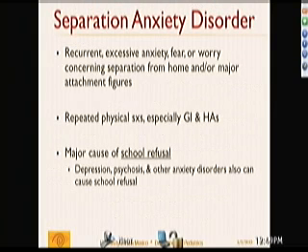Separation anxiety is a condition where one is having difficulty leaving home due to recurrent excessive anxiety, fear, or worry concerning separation from major attachment figures, such as parents, due to worries about harm that may befall them while away and what might happen at home.